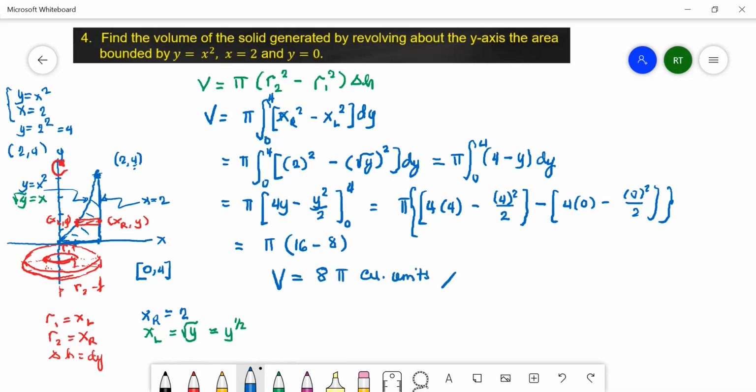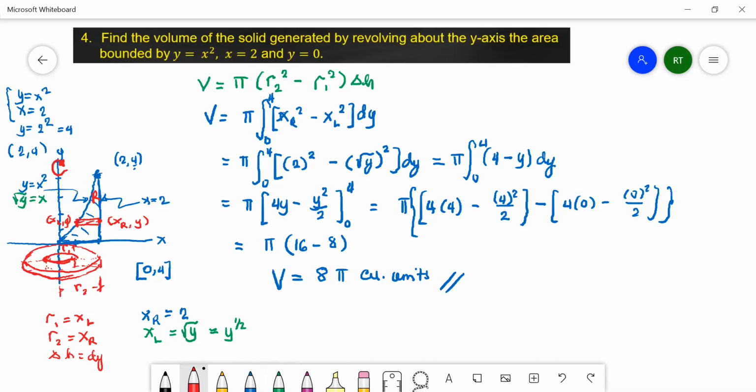Okay, so we were able to find the volume of the solid generated by revolving the region R about the y-axis. And we used the washer method or the ring method, and that gives us volume is equal to 8 pi cubic units.